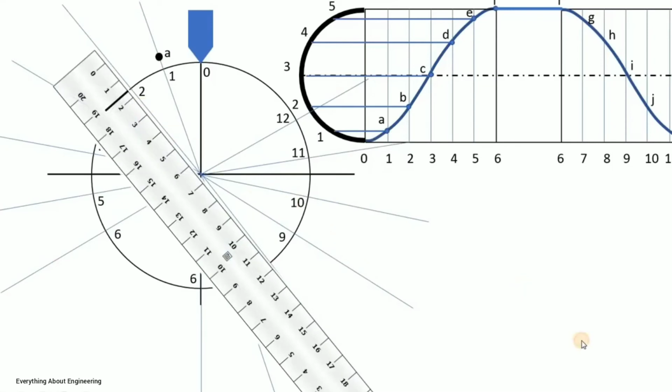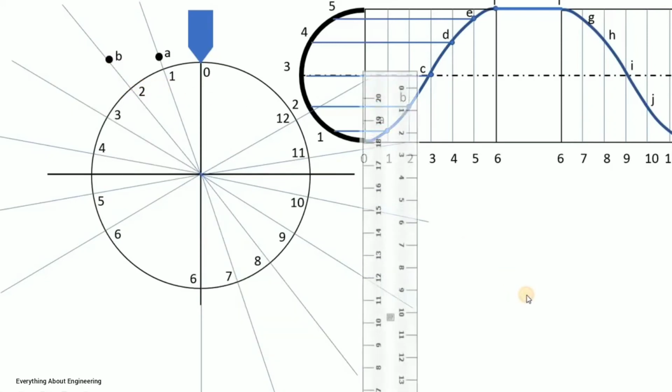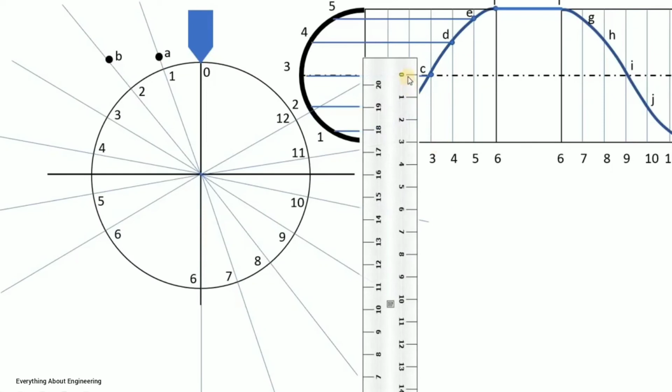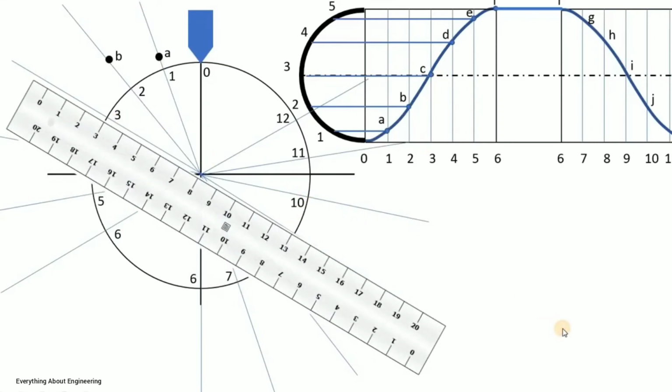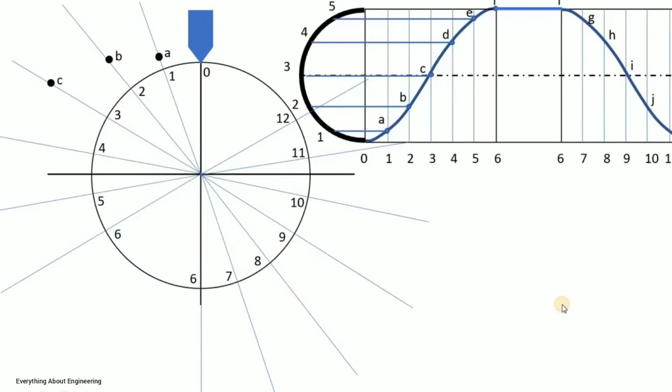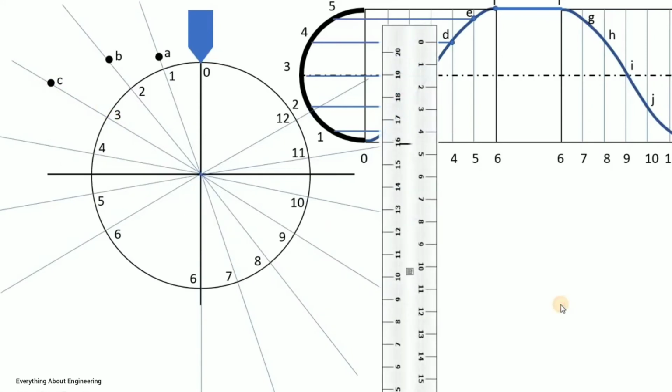The 2B distance is marked over here. Similarly, the 3C distance, that is 3 centimeter, we are marking here. Similarly, for 4D.